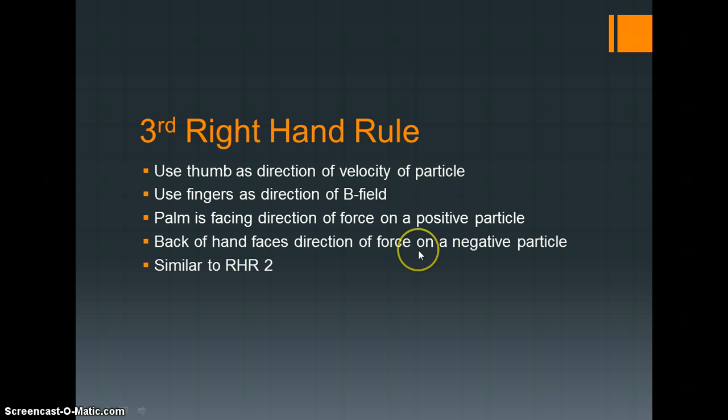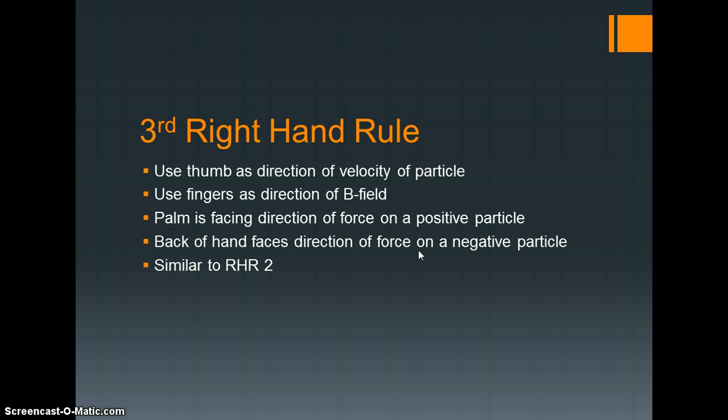So, for instance, let's take an example here. If you point your thumb to the left side of the screen, and then you point your fingers so that the direction of the B field is out of the screen, this is a little hard to do, but you can see that your palm is now facing up and the back of your hand is facing down.